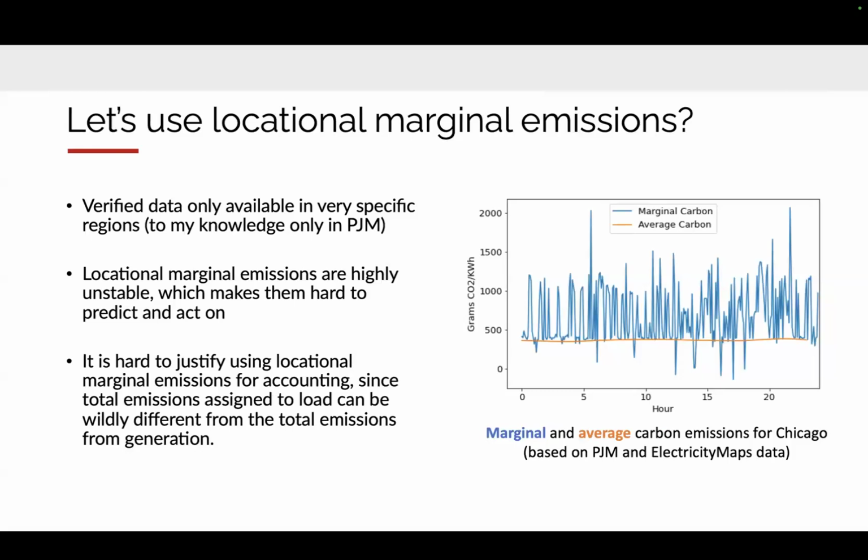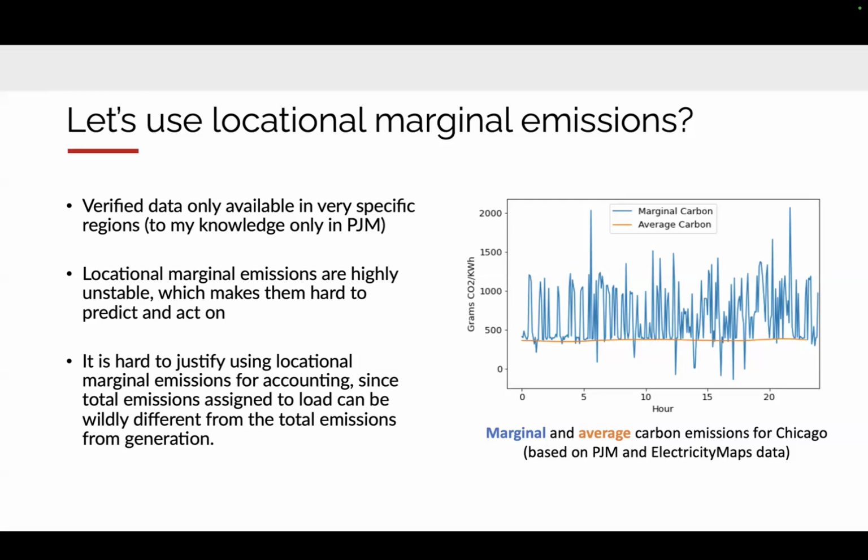Okay, so if locational marginal emissions are better, why don't we just use them? Well, one challenge here is that verified data is only available in very specific regions. To my knowledge, only in PJM, though this is developing very rapidly. So this carbon data is thankfully becoming more available. And here I'm talking about locational marginal emissions at the scale of electricity market clearing.